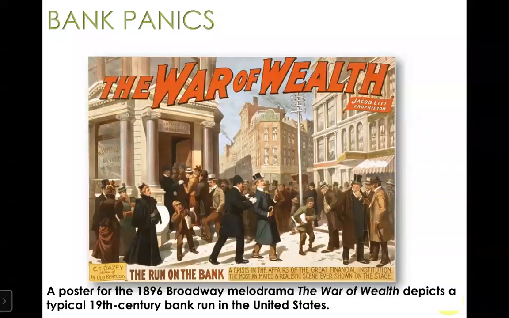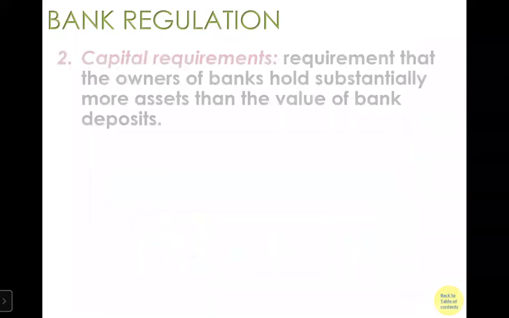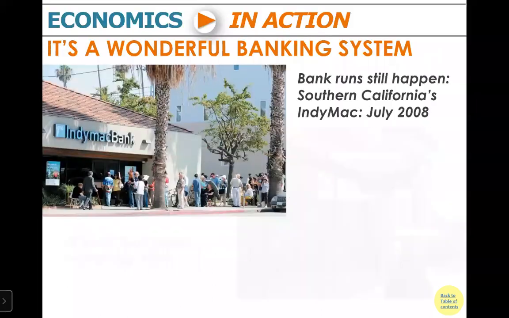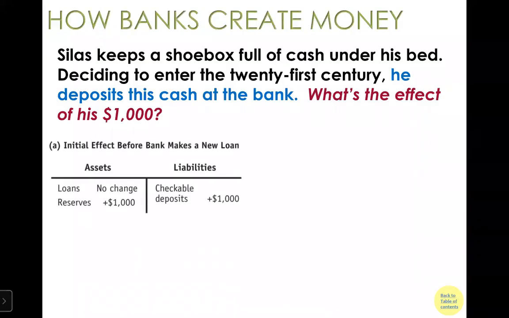Instead, I'm going to show you how the bank is going to create money. By understanding how a bank can create money, we are going to understand the potential problems in the financial system. And then we will go back to those slides again to see why such regulations exist in reality. Okay, now let's use this example to understand how a bank creates money. Okay, where do we start?